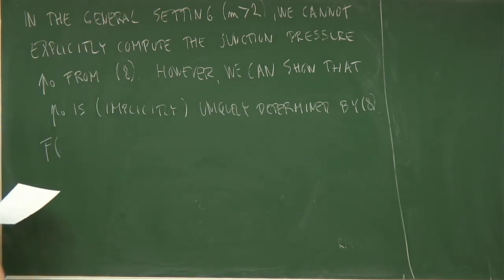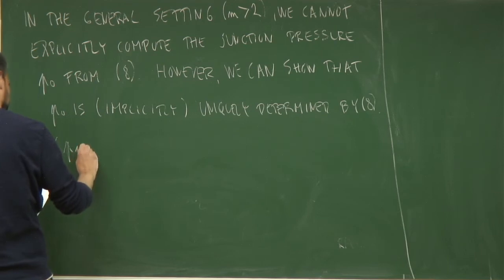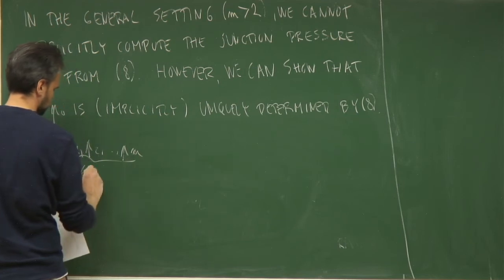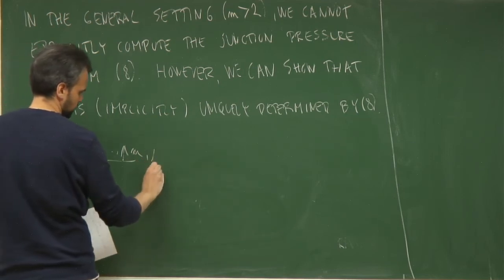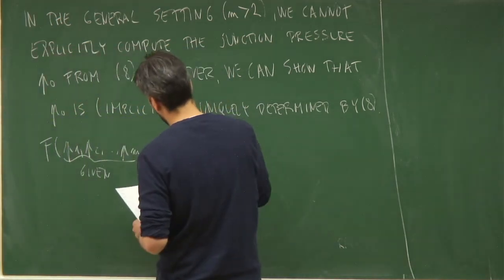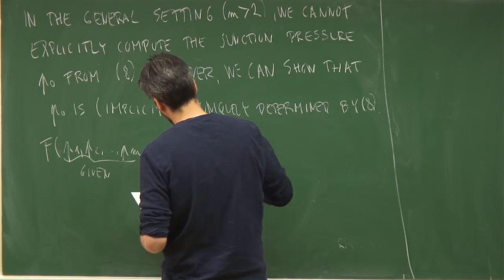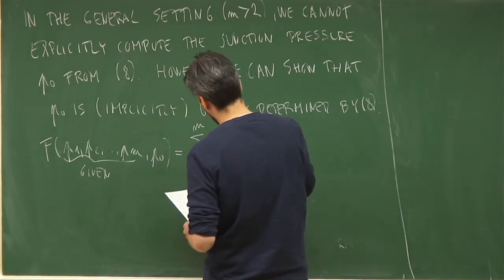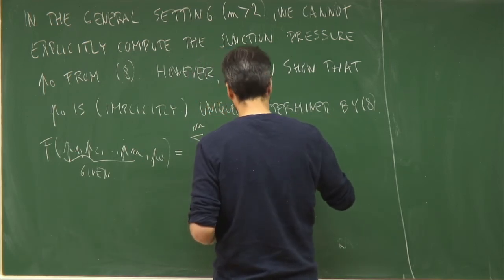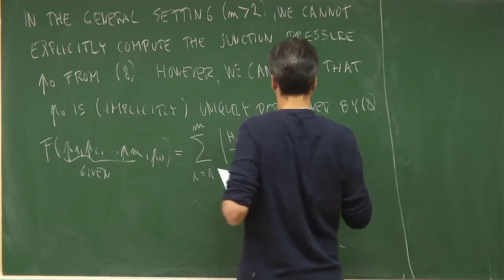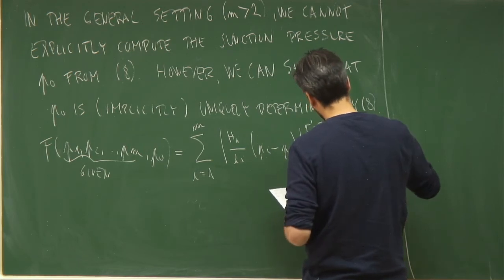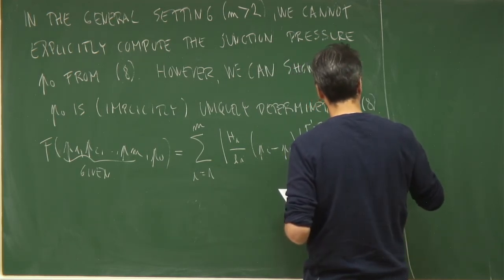So you have this implicit function f of P1, P2 up to Pm. So these are given pressures. And you have this P0, which is making your problems. So define this in this way. You have this sum Hi over Li, Pi minus P0, to the r minus 2, Hi over Li, Pi minus P0 is equal to 0.